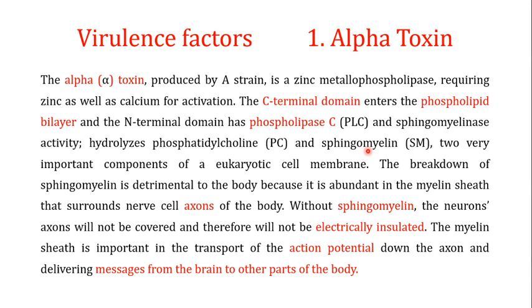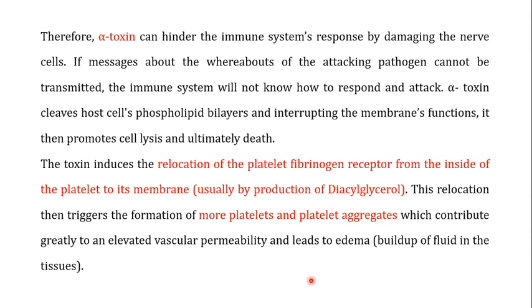By degrading the sphingomyelin, that was affecting the transfer of the message from the brain to the other parts of the body. The α-toxin was also responsible for hindering the immune response, and for relocation of the platelet fibrinogen receptor from the inside of the platelet to its outer membrane, which was a byproduct when you degrade phosphatidylcholine.